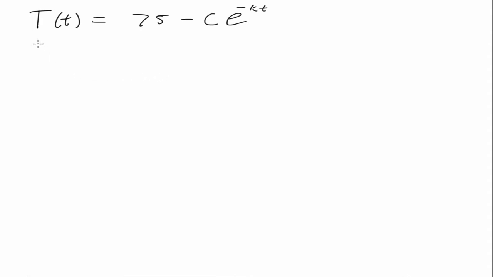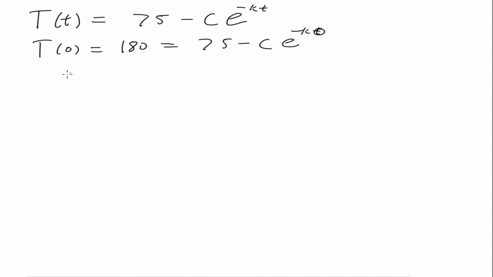All right, so we said that at time 0, we knew the temperature was 180. We'll set that equal to 75 minus C e to the kt, and that's 0 right there for t.